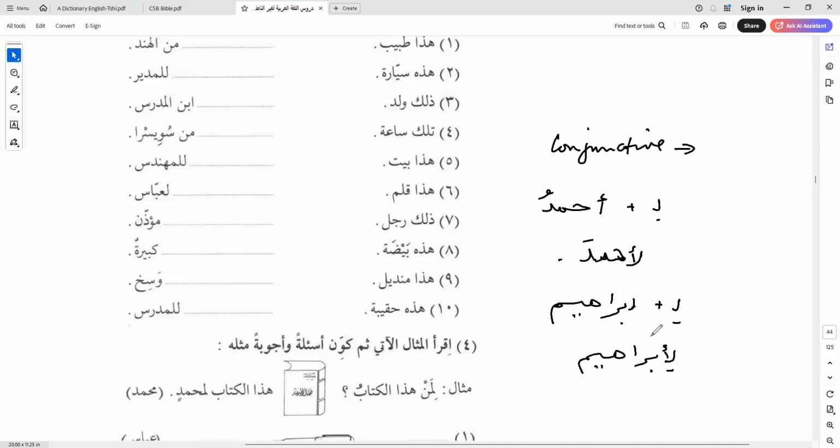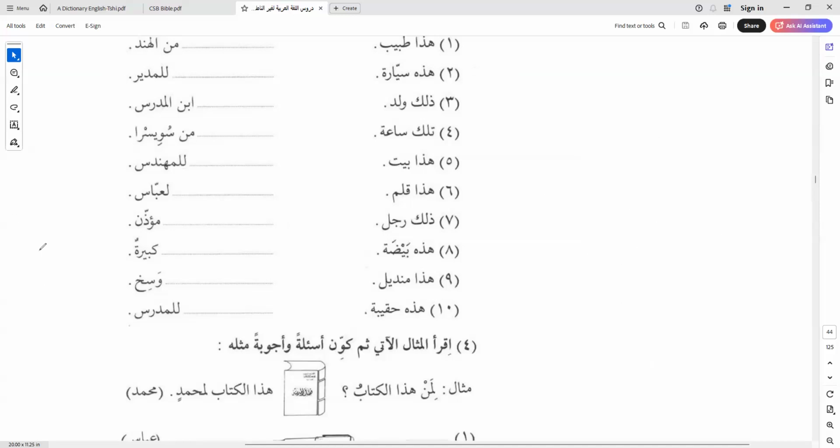You can also say li plus Amina, and then you're going to have li Amina, or Amina has. Now, as you can see, all these names are definite.